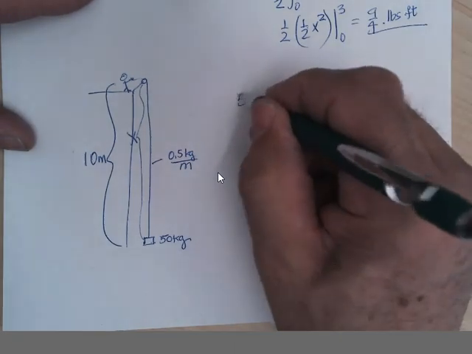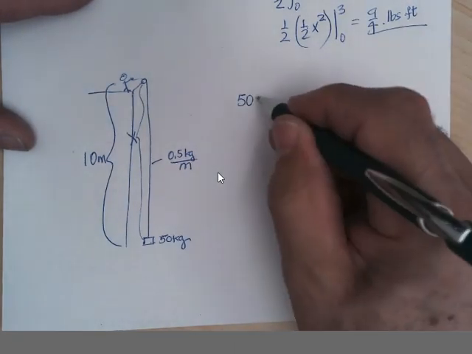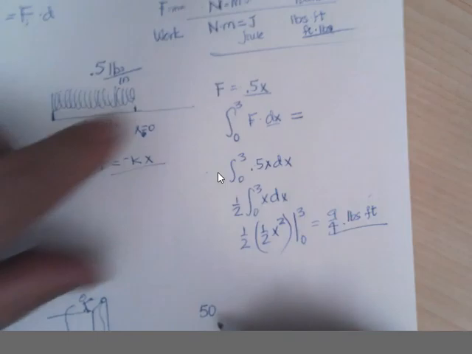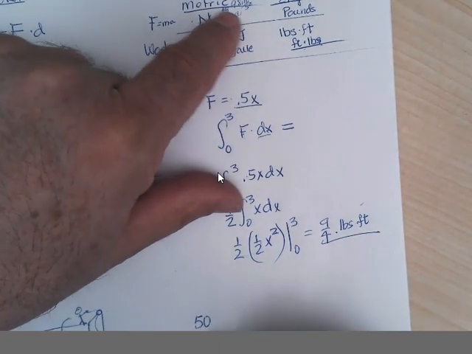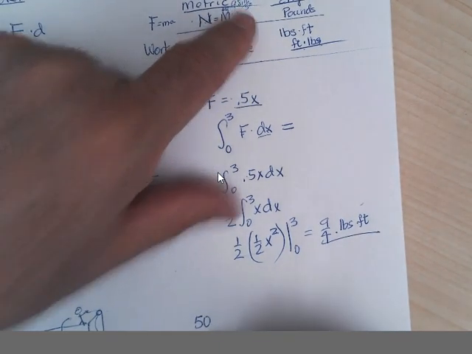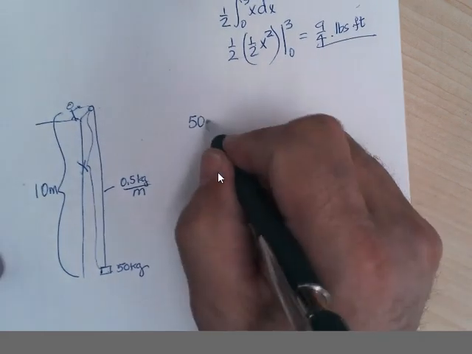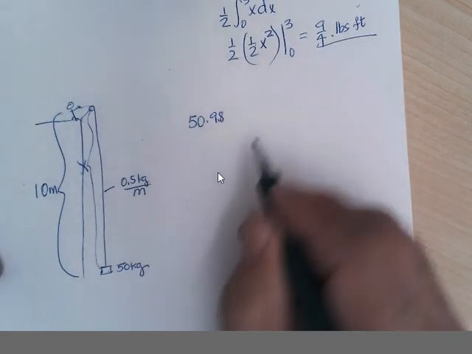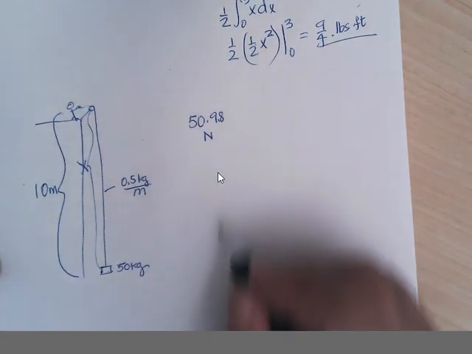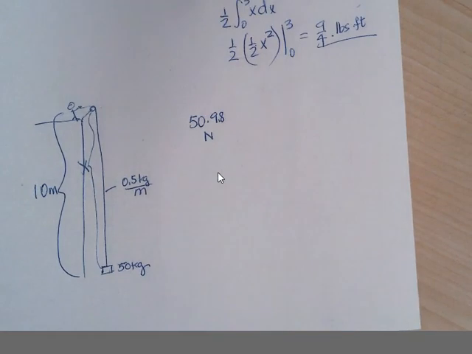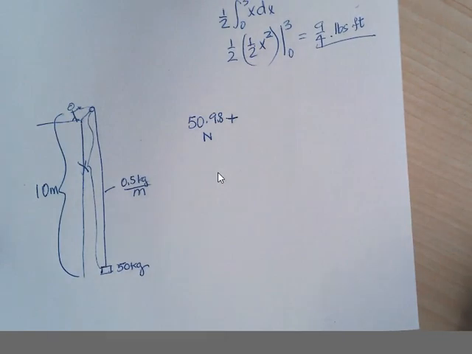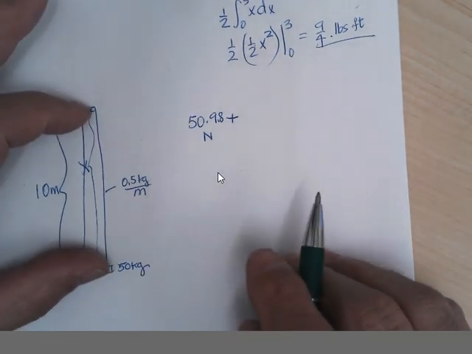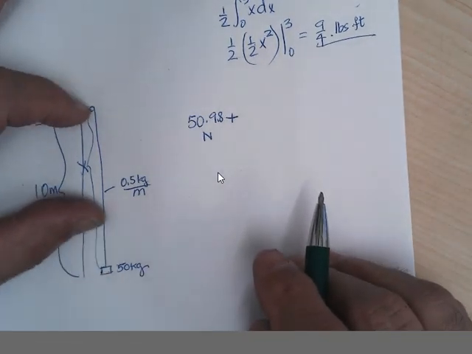is going to be 50 kilograms, but kilograms is mass. To get mass into force, newtons, we have to multiply by the acceleration due to gravity, 9.8. So 50 times 9.8 would be the newtons, the weight of the bucket. The weight is a force, plus the weight of the rope. If only x of the rope is left, it's going to change.